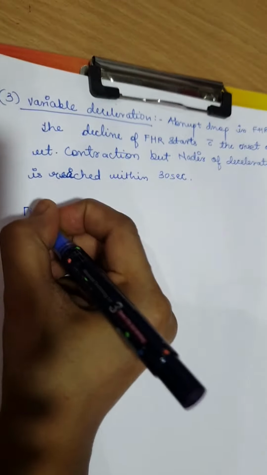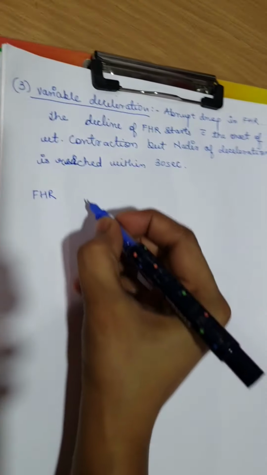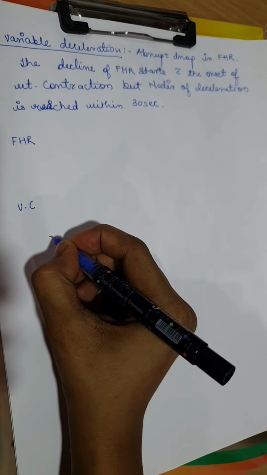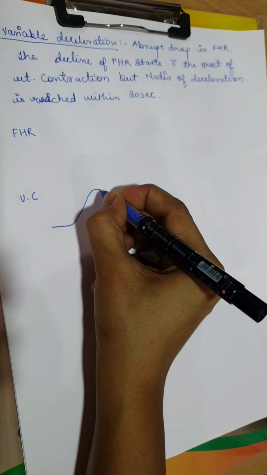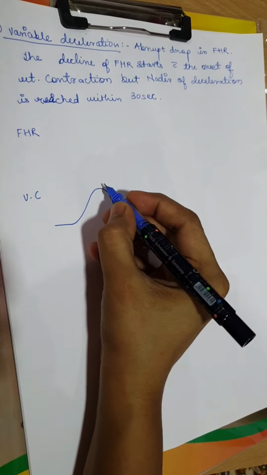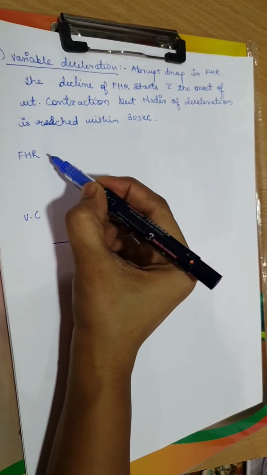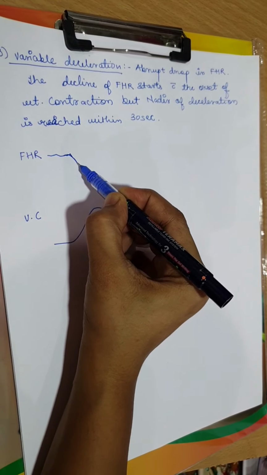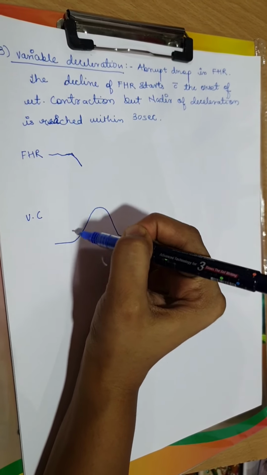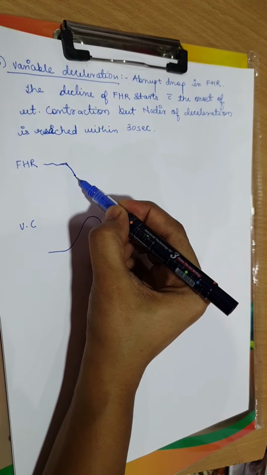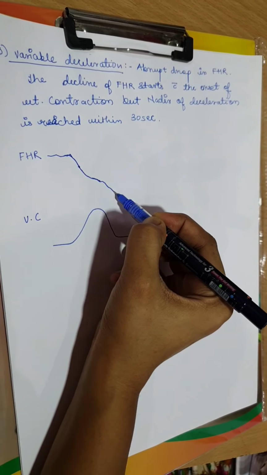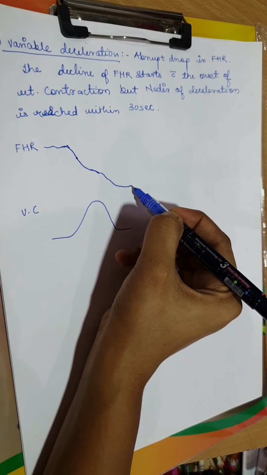So if this is the fetal heart rate, first I'll draw the uterine contractions. Now, if this is the uterine contraction, this is the peak of the uterine contraction. What happens? The fetal heart rate will decline with the onset of the contraction, and this will be the nadir.